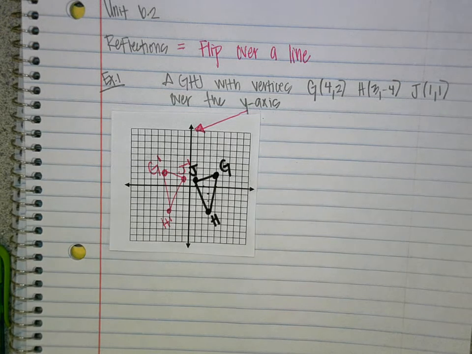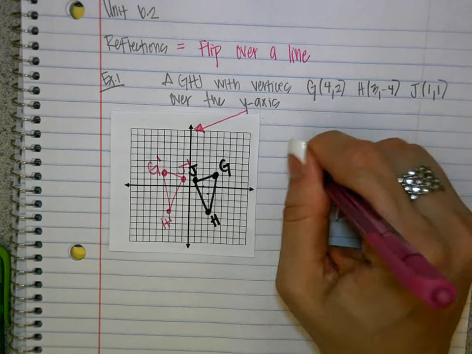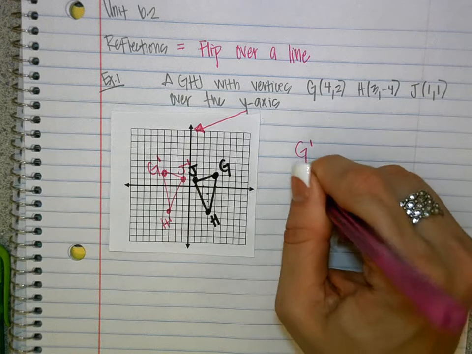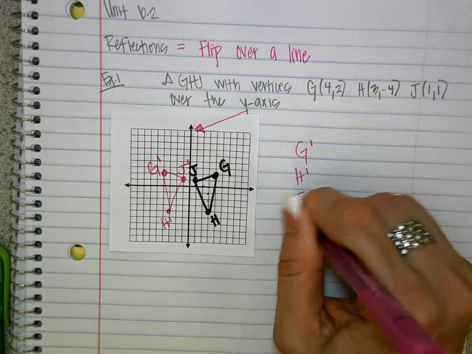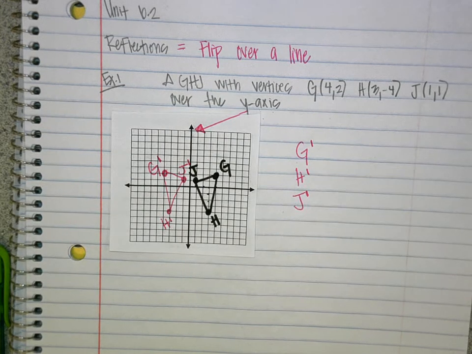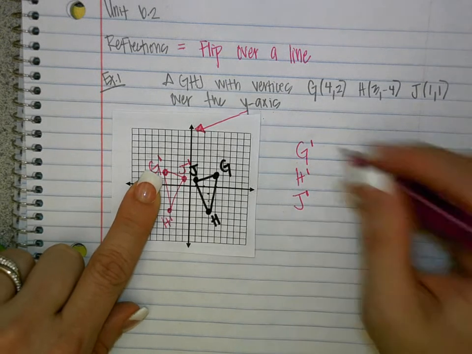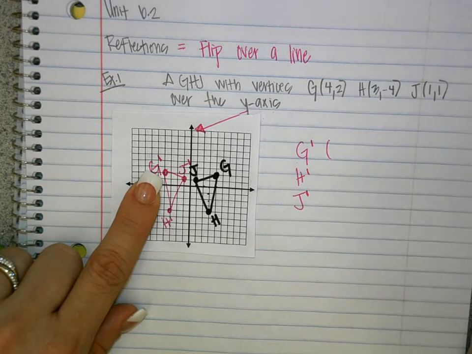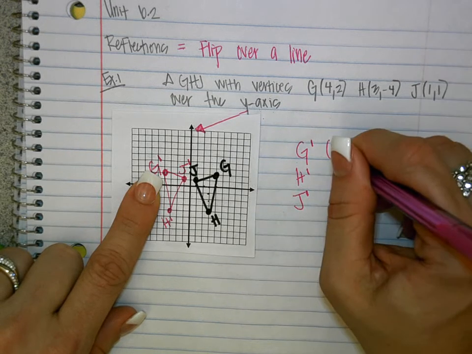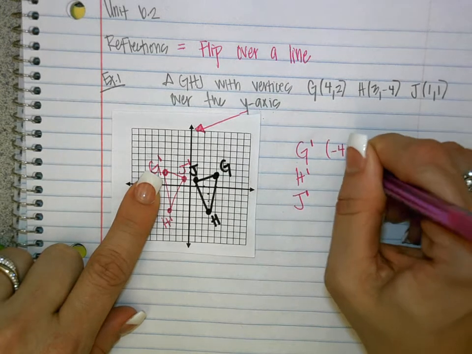To make your triangle. And then I also want you to write the coordinates. So G prime, H prime, and J prime. What is the coordinate for G prime? -4, 2.